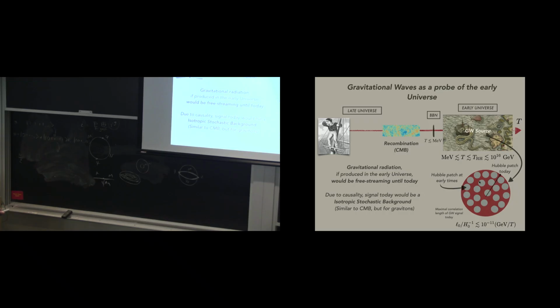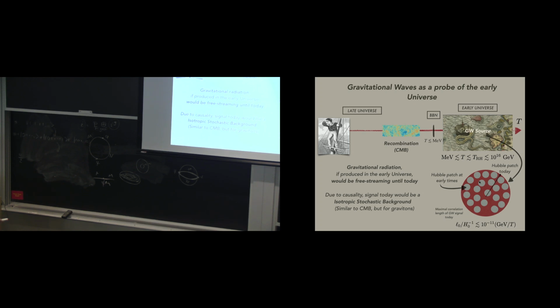And as this picture wants to represent, here in the big red circle is the Hubble patch today, and these tiny circles are Hubble patches at early times. If this process occurs in the post-inflationary universe, essentially you have uncorrelated sources in each one of these Hubble patches.